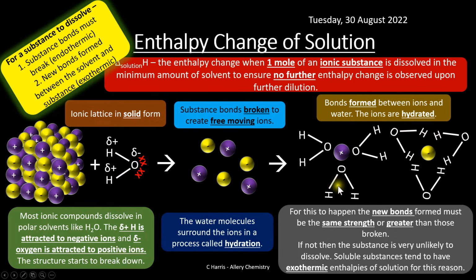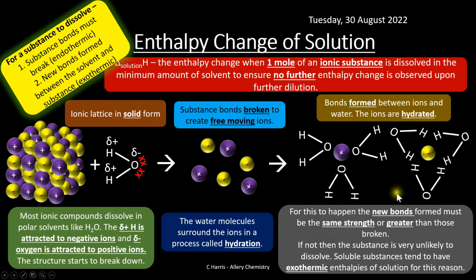We call that hydration. And for all of this to happen, the new bonds formed here must be the same strength or greater than the energy required to break the old ones. If not, then the substance is unlikely to dissolve in water.